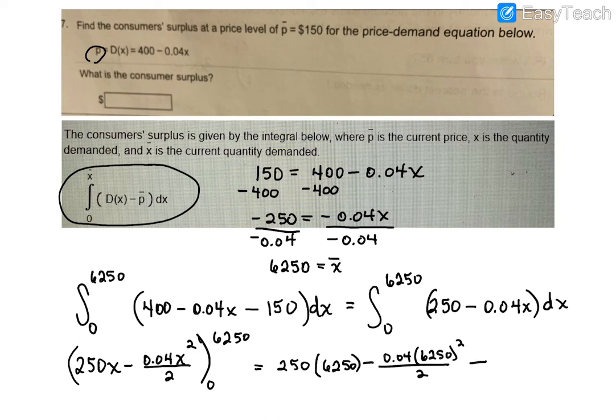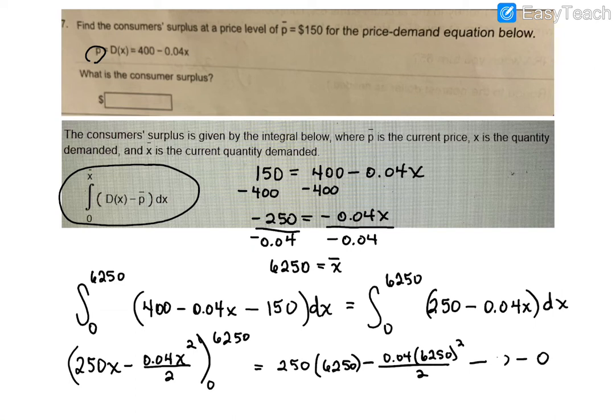And then minus, when I plug zeros in, of course, you're going to just get 250 times 0, 0. And then minus another 0.04 times 0 squared. So those are just zeros. So just to save yourself some number crunching there, you don't necessarily have to plug those in.